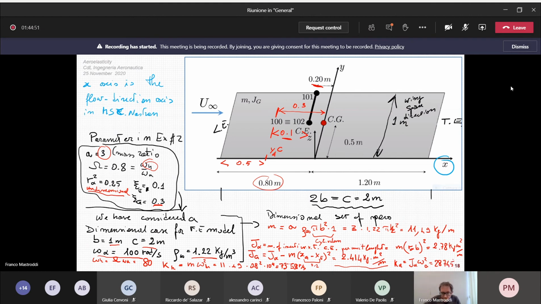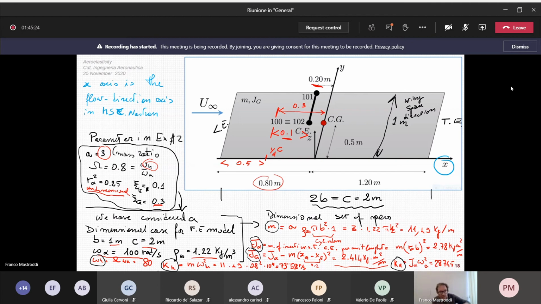So at the end, we have a set of all dimensional parameters: the mass, the principal moment of inertia with respect to the elastic center, the rotational stiffness, the linear stiffness, and omega h. We have completely evaluated all the physical parameters for our analysis.